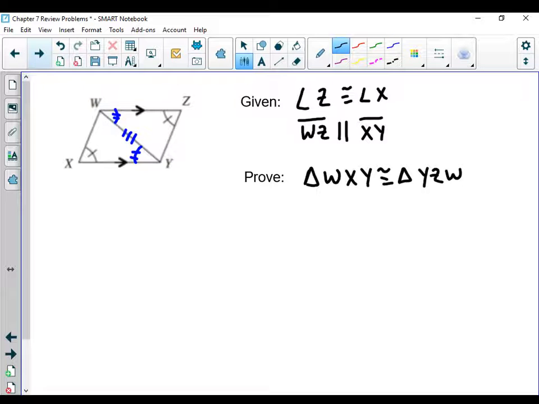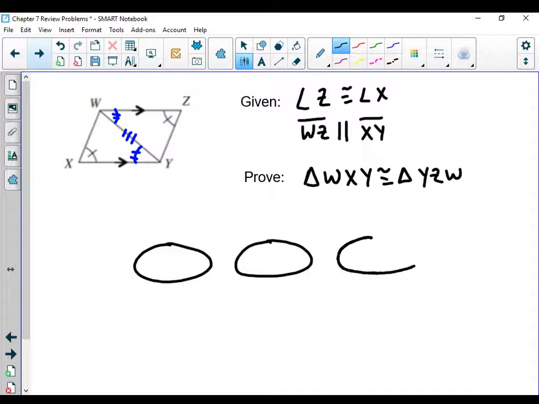All right, well, I have angle, angle, side, so I'm going to start with 3 ovals. And in those 3 ovals, some of the information I have marked. I have angle X and angle Z marked. And they were given.